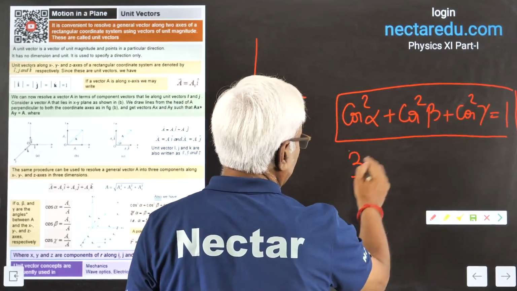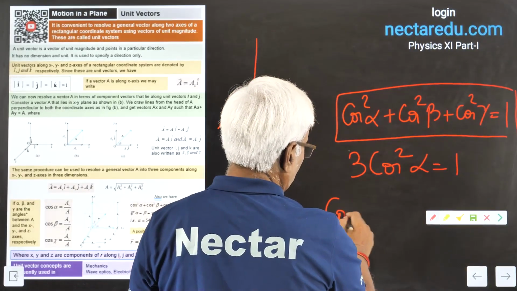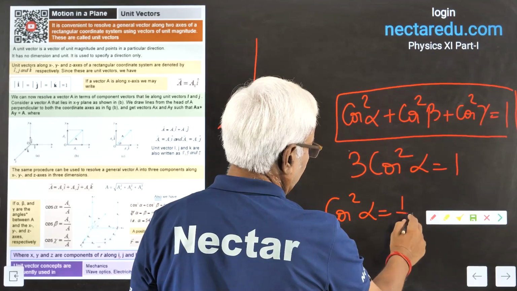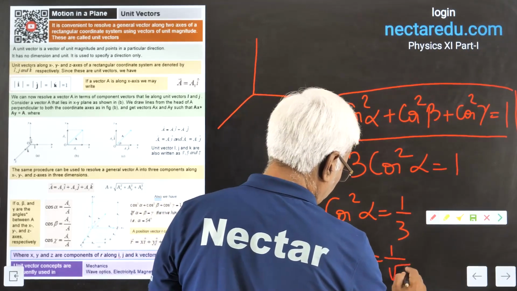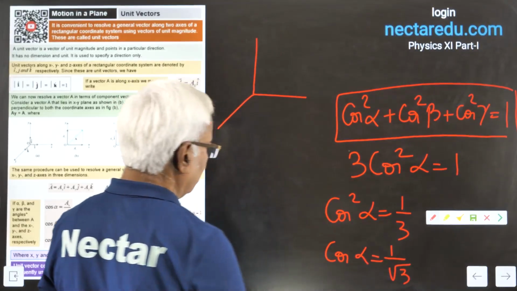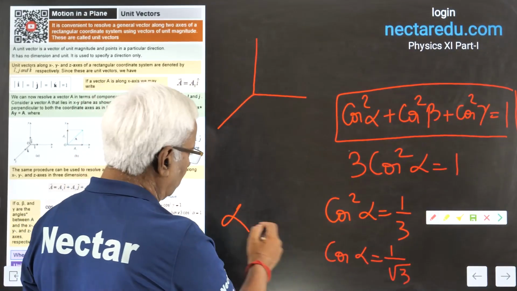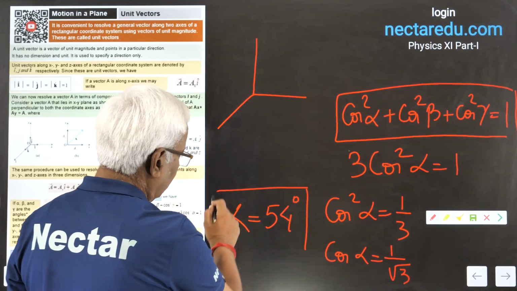Then what you'll get is 3 cos square alpha equal to 1, cos square alpha equal to 1 by 3, cos alpha equal to 1 upon root 3. And you must remember this value is obtained at an angle of about 54 degrees.